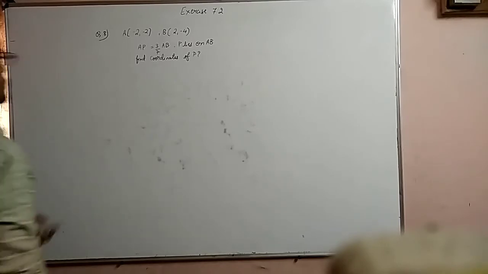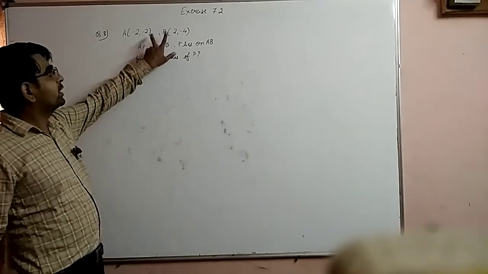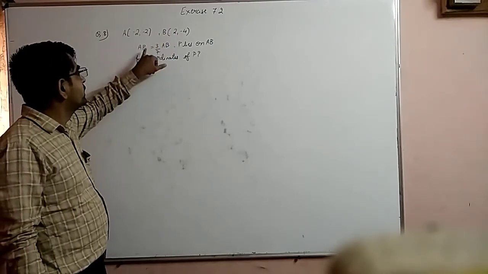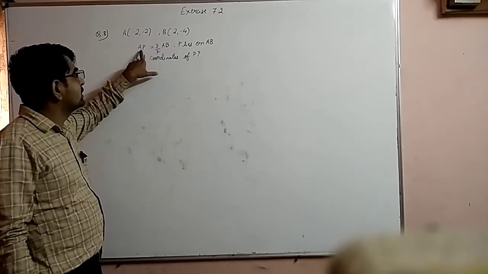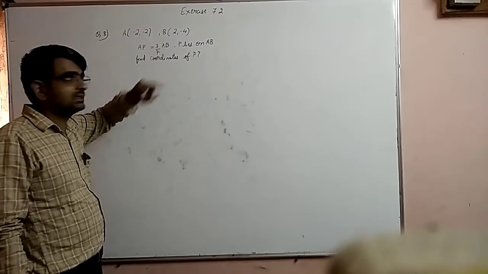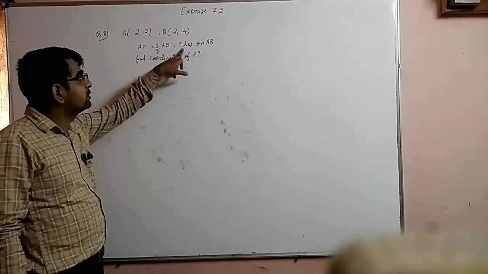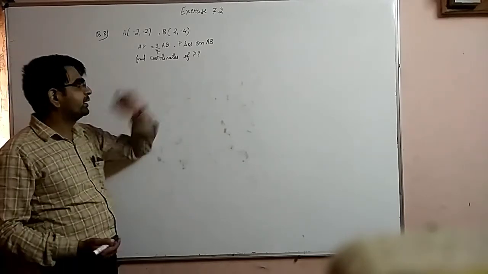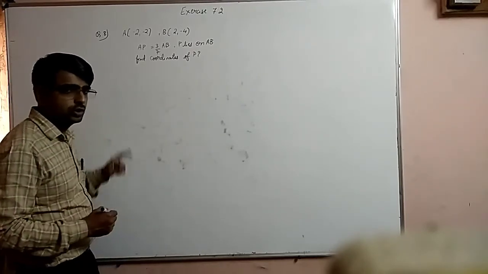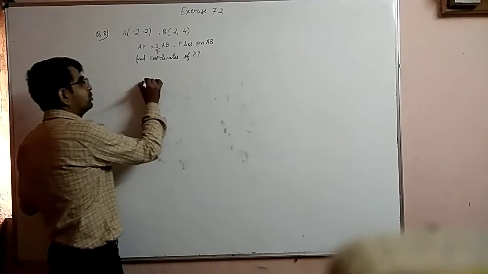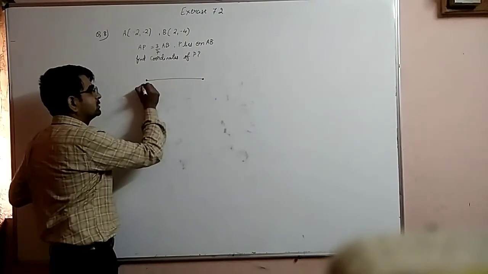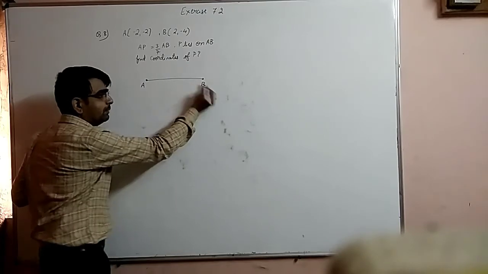Okay, so question number 8, we are given 2 points A(-2, -2), B(2, -4). The second condition given is AP is equal to 3 by 7 AB, and the third condition is P lies on AB. So we need to find the coordinates of P. So from the given condition, let us plot this. Suppose this is line segment AB.